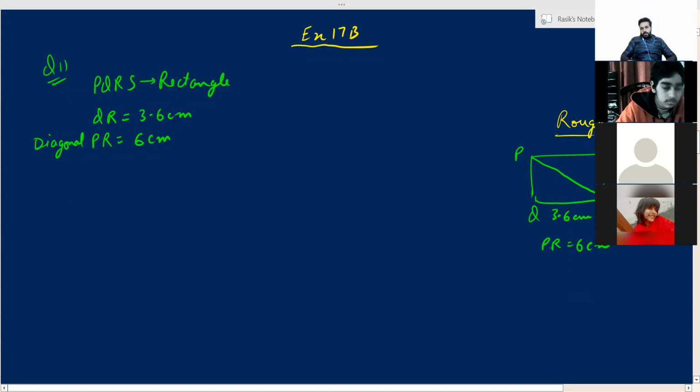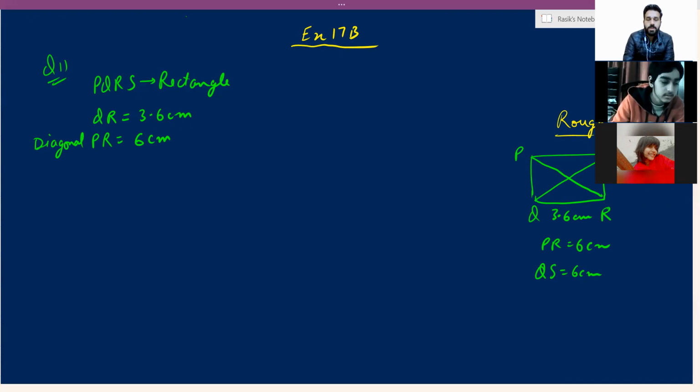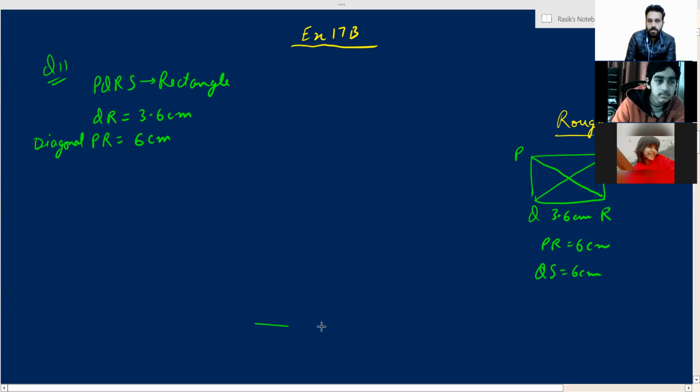So can we say that QS is also 6? Tell me the reason. Because diagonals of a rectangle are equal. Absolutely right. So let's draw line segment QR of 3.6 centimeters first.